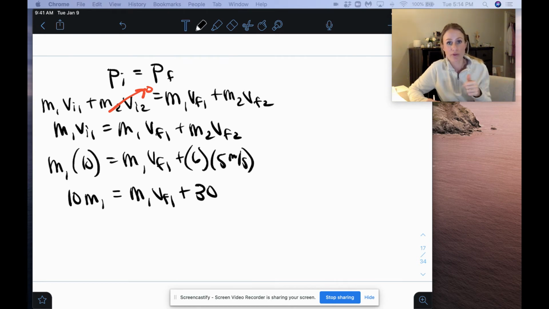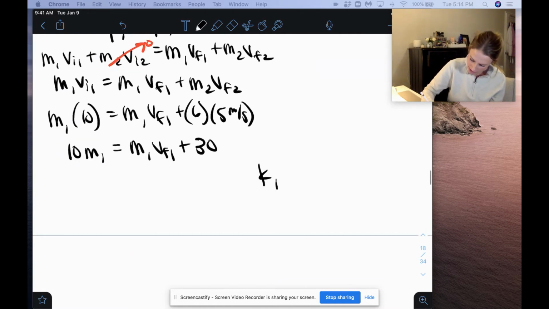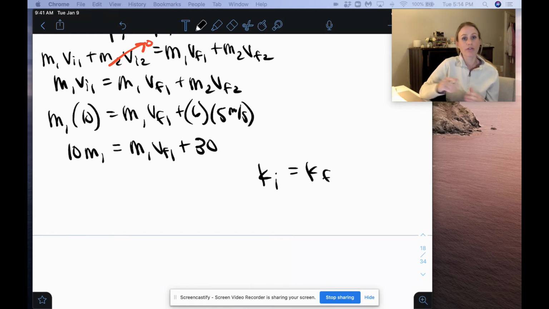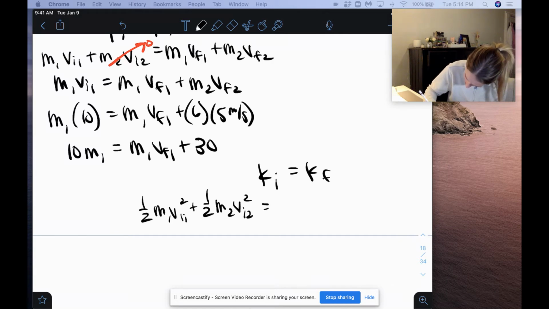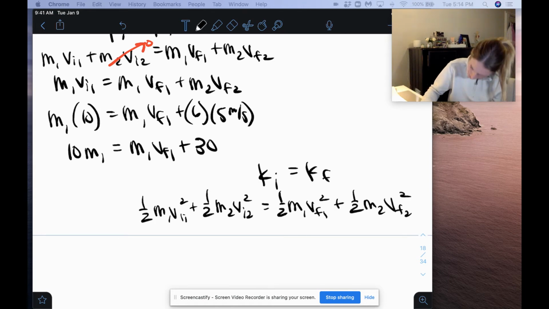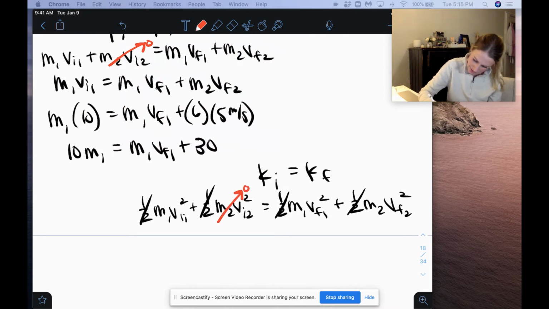So now I'm going to move on to my conservation of kinetic energy. So again, I know kinetic energy initial equals kinetic energy final for an elastic collision. So here I get 1/2 m1 v initial 1 squared plus 1/2 m2 v initial 2 squared equals 1/2 m1 v final 1 squared plus 1/2 m2 v final 2 squared. Again, the 1/2s all cancel out, and also our initial velocity of 2 cancels out.